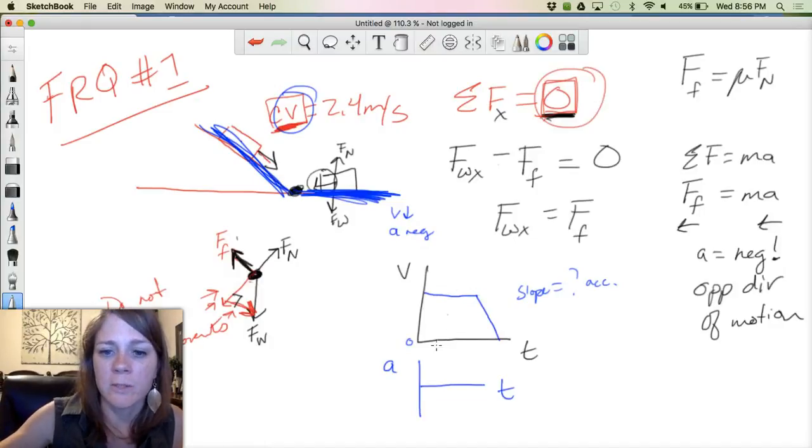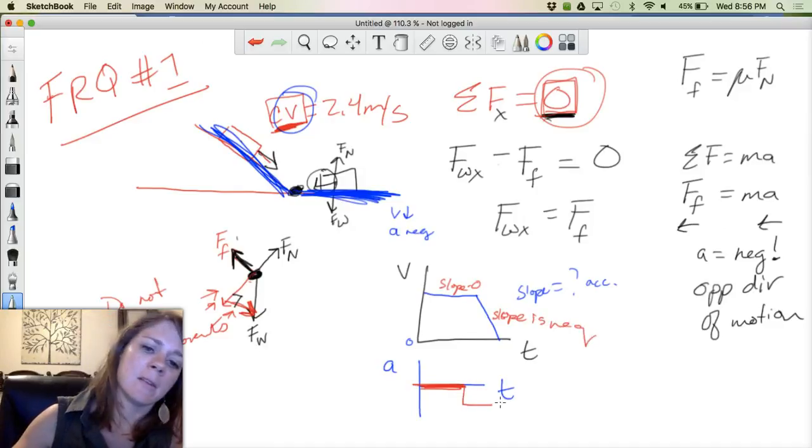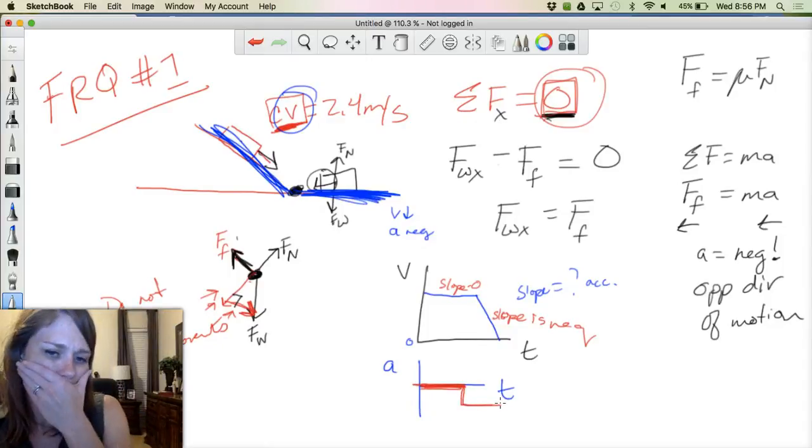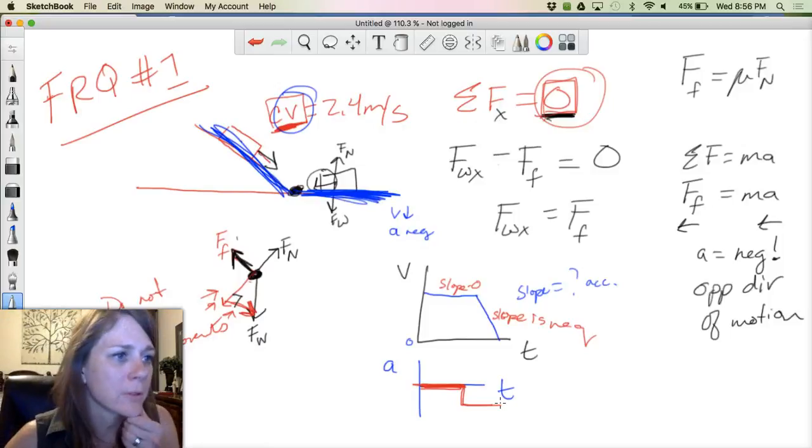So for the first part, the acceleration was 0. And then here, the slope is negative. So my acceleration would be negative, and it would dip down like that. So I'd have a 0 acceleration and then a negative acceleration. That's what my acceleration time graph would look like.